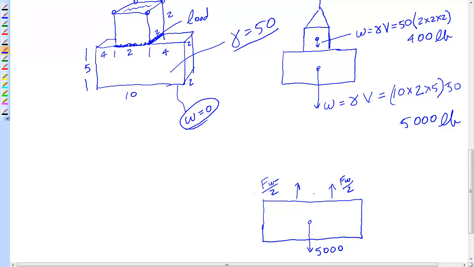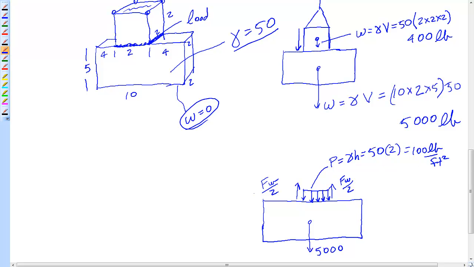There's another load here, and that is an equivalent pressure load. That pressure is equal to gamma H, which is equal to 50 times the depth here. That depth happens to be 2 feet, so it's 100 pounds per square foot.